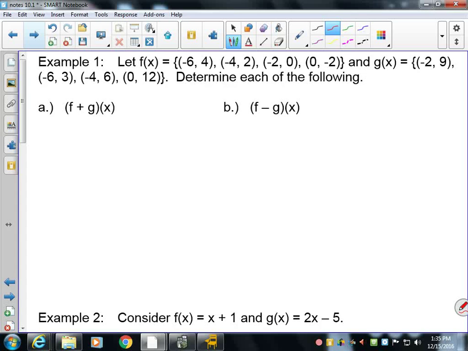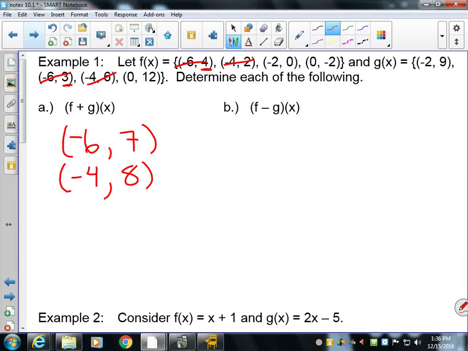So at the point of negative 6, if we're going to add them together, we're going to take f of x is 4 and g of x is 3 and add them together to get 7. Do we have a negative 4 point? So this one's done. We have a negative 4. We have a 2 and a 6 to give us 8.